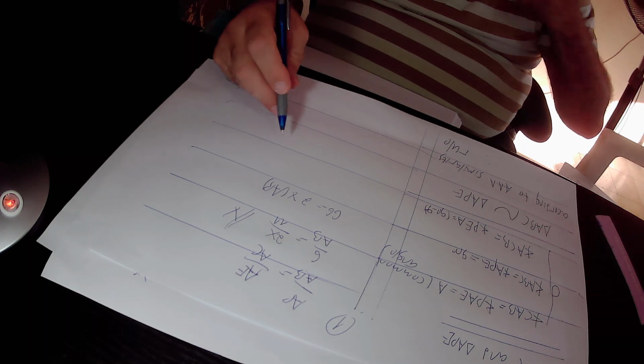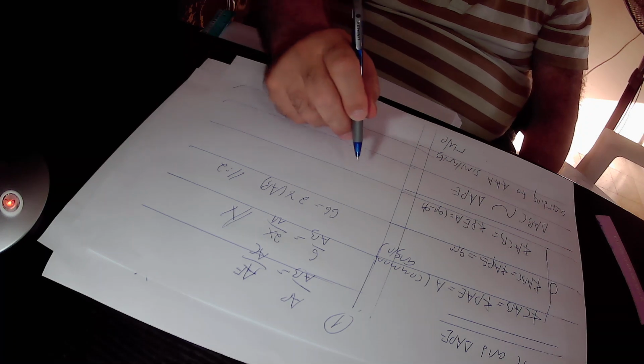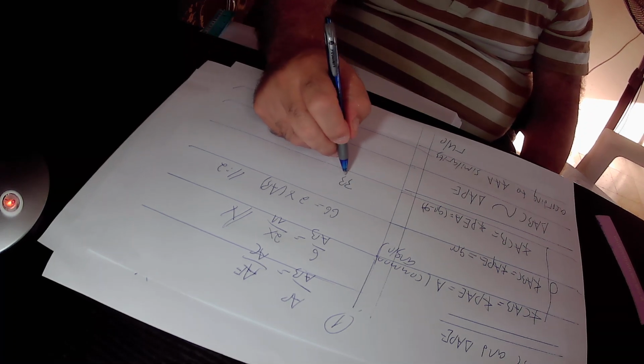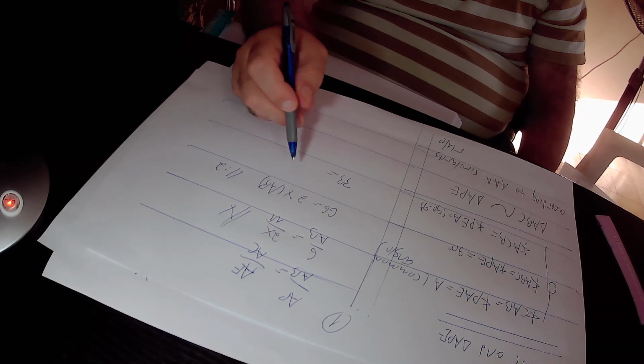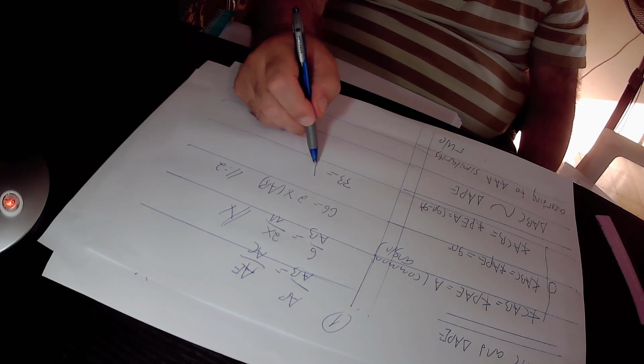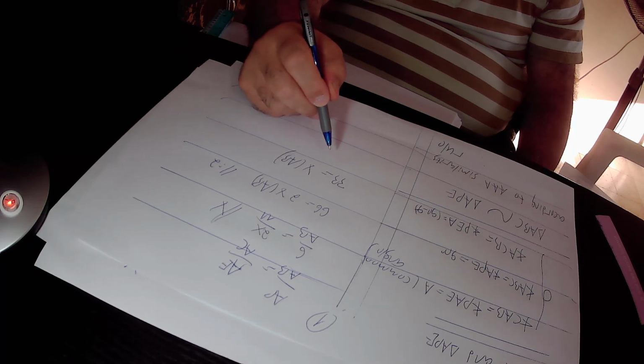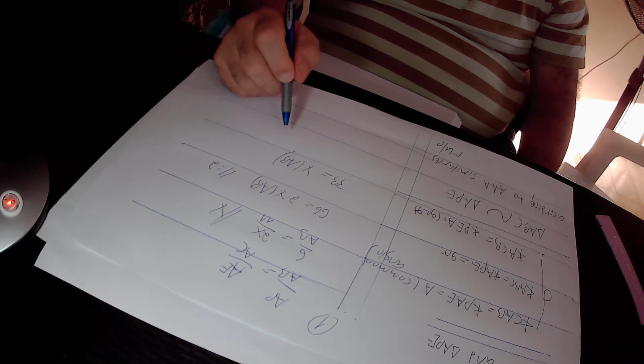Here we will divide this equation by 2, and get that 66 over 2 is 33, and it is equal to 2x over 2 is x, so in total this expression equals x times AB. So we found that 33 equals x times AB.